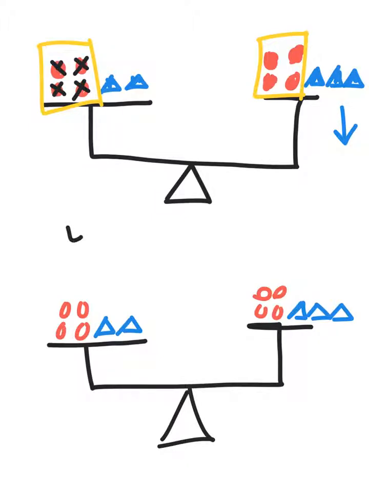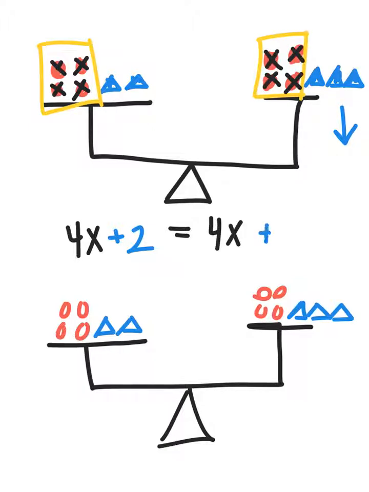So really, I have 4x plus 2 triangles, and I'm trying to get that to equal 4x's over here plus 3 triangles. That's never going to work. It's never going to be possible because this side is always going to be heavier than the other.